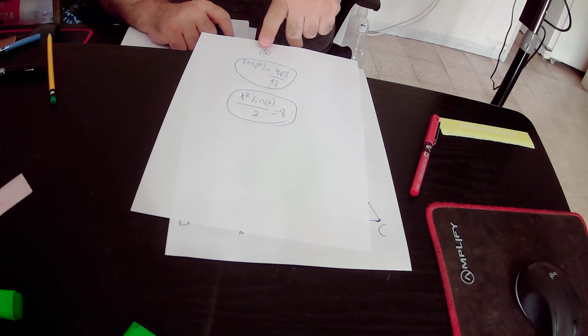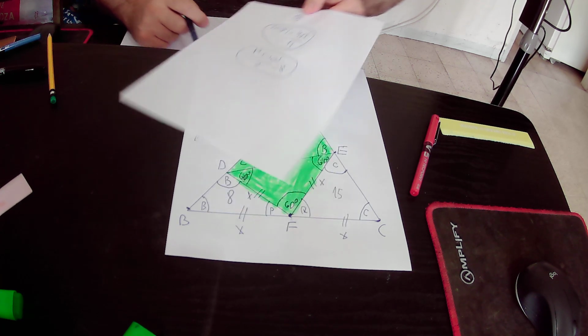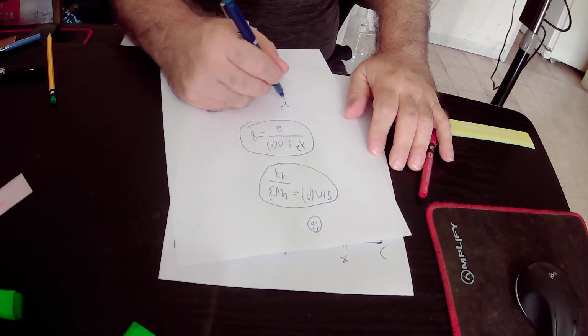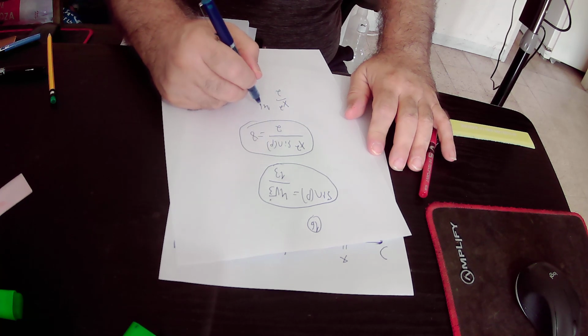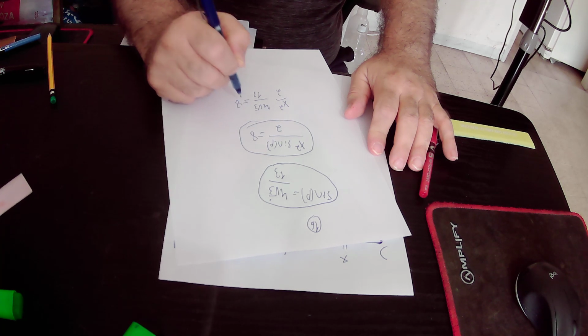But we have already found the value of sine P. Sine P equals 4 times root 3 over 13, so we can substitute sine P in this equality by 4 times root 3 over 13. We'll get that x squared over 2 times 4 times root 3 over 13 equals 8.